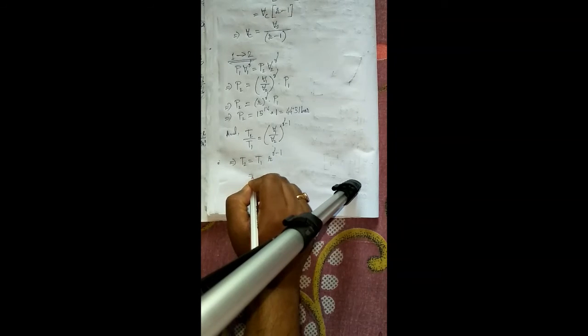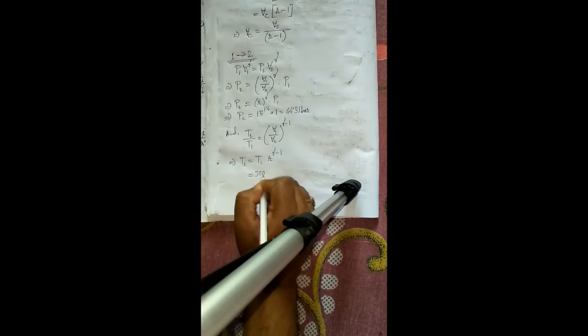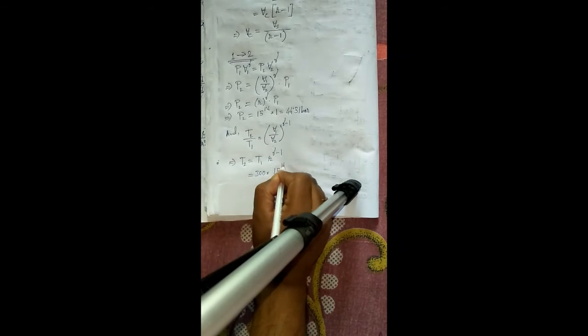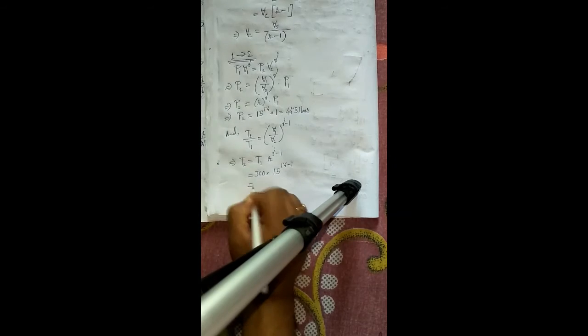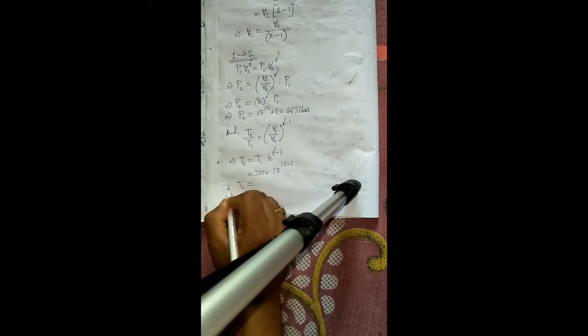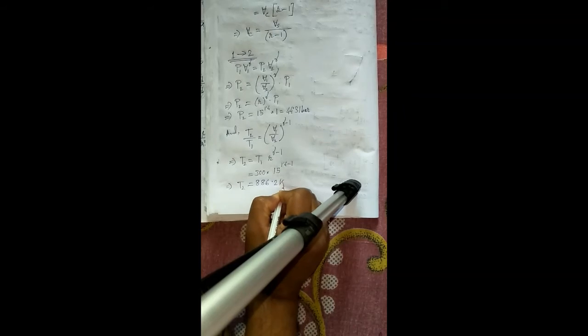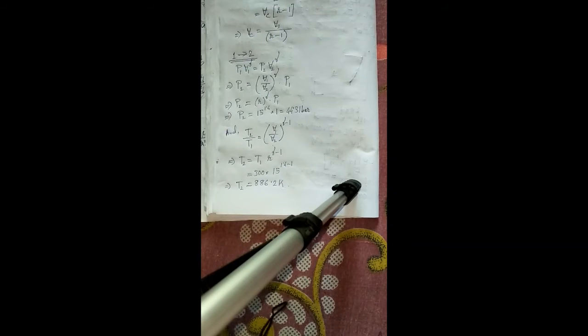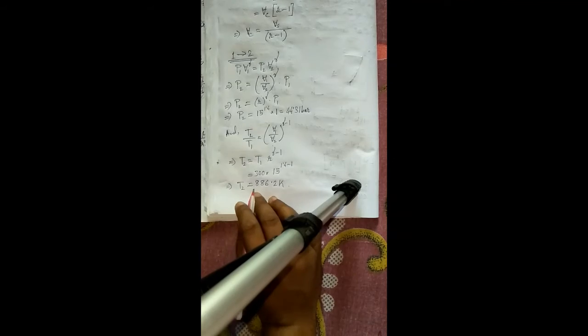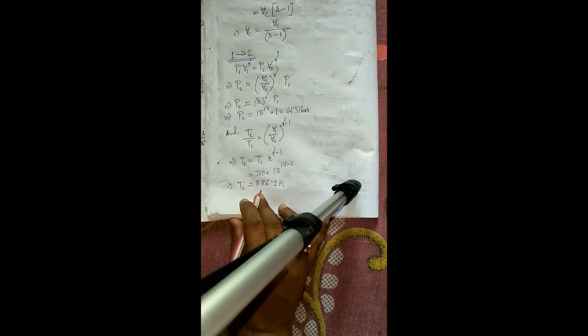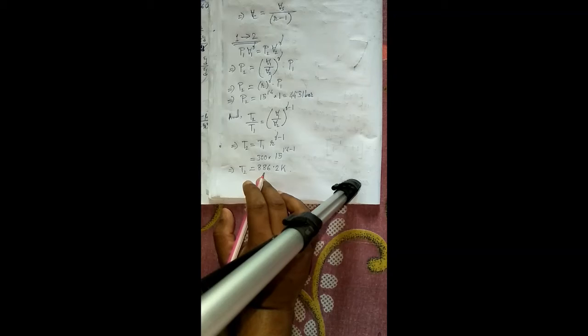The value of T1 is 300 into 15 to the power 1.4 minus 1. So the value of T2 becomes 886.2 Kelvin. This is the value of T2.